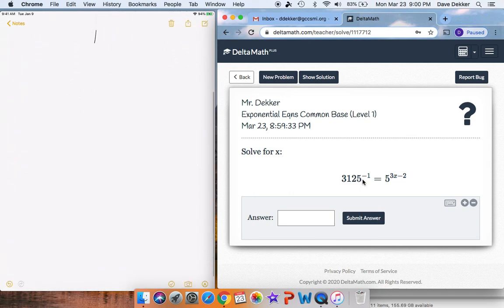So if we were to solve this particular problem, our goal is to figure out how we can make the bases be the same. The fact that this one already has a base of 5, I'm going to work with that initially. I want to think about how I could write 3,125 as 5 raised to a power.